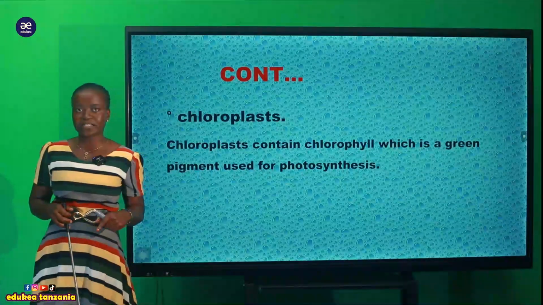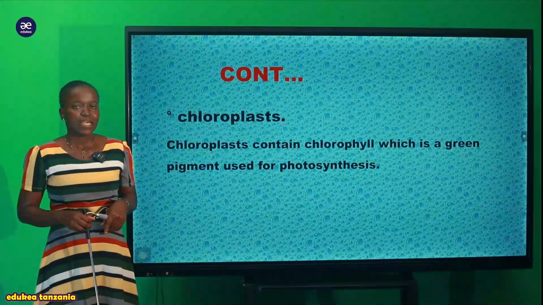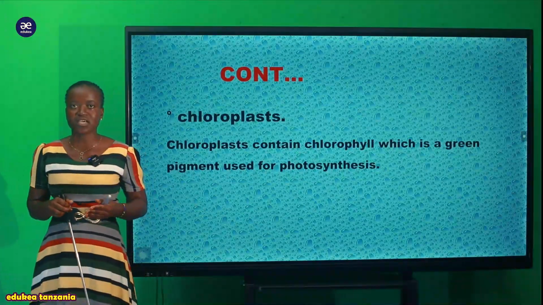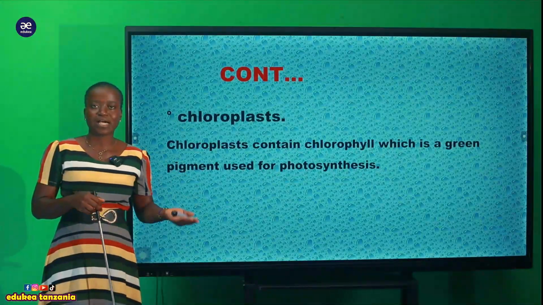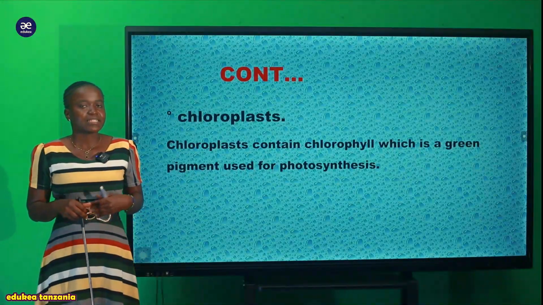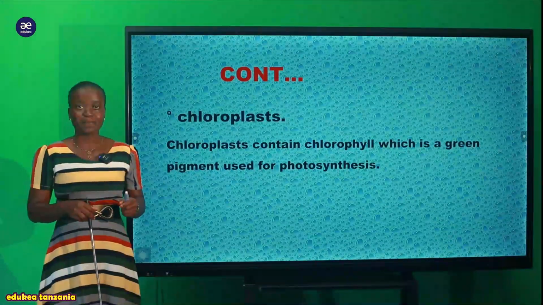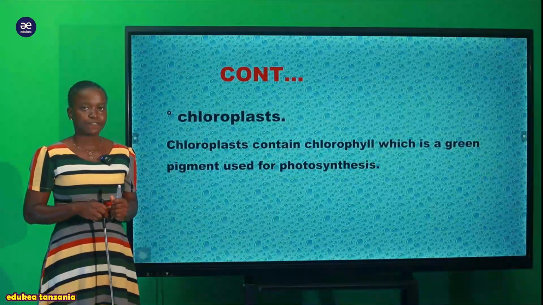So within a chloroplast is where the green pigment called chlorophyll is found, and the role of chlorophyll is for photosynthesis. Photosynthesis is the process, occurring mostly in plants, that helps them manufacture their own food. So this is a very important part in a plant so that they can get their own food.